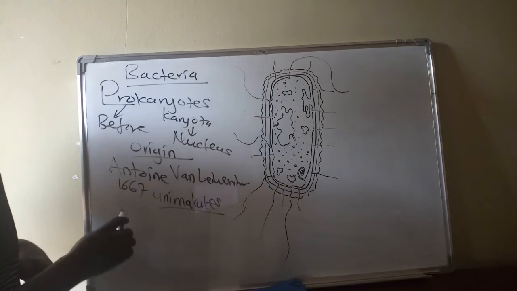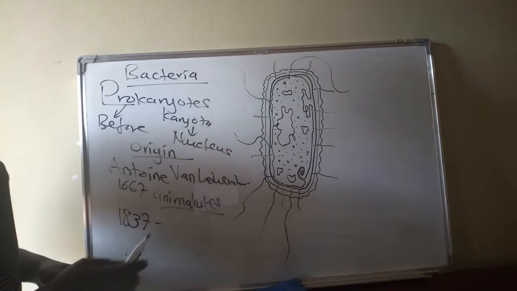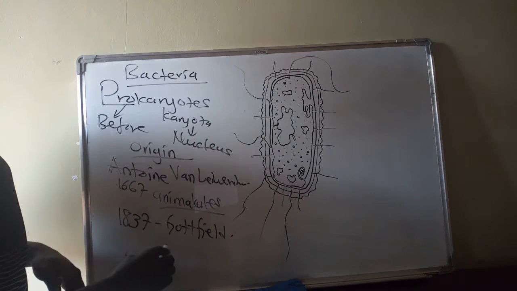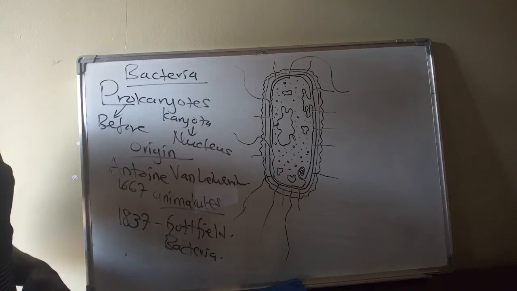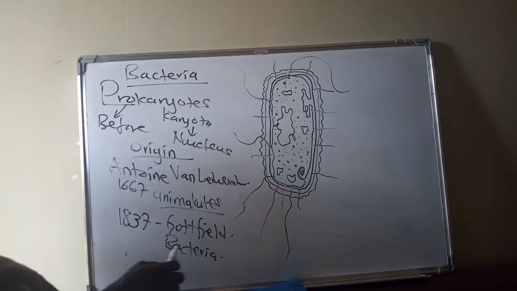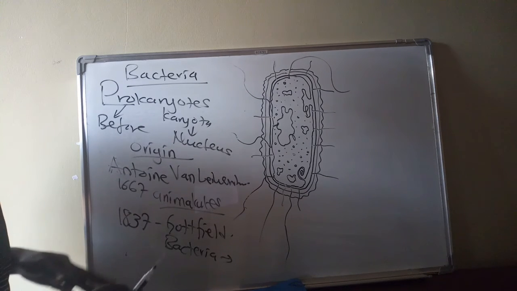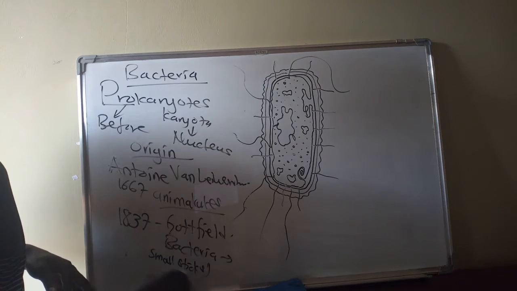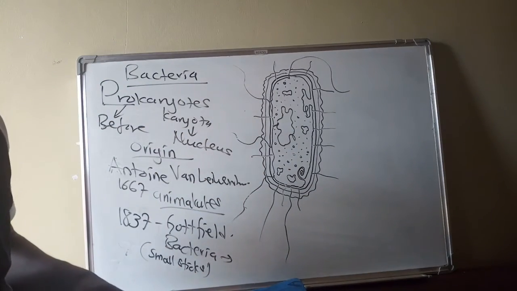A few years later, in 1837, a German biologist, Gottfried, came in and coined the term bacteria. He realized that these bacteria were like small sticks when he analyzed them under the microscope.